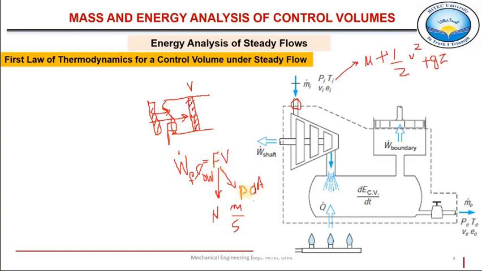So F can be replaced as P into dA into velocity. Right. So that is the push work, or pushing force, which produces this flow work, and that's why this fluid is flowing in that particular direction. So that is an extra energy which a fluid carries when it enters into a system.